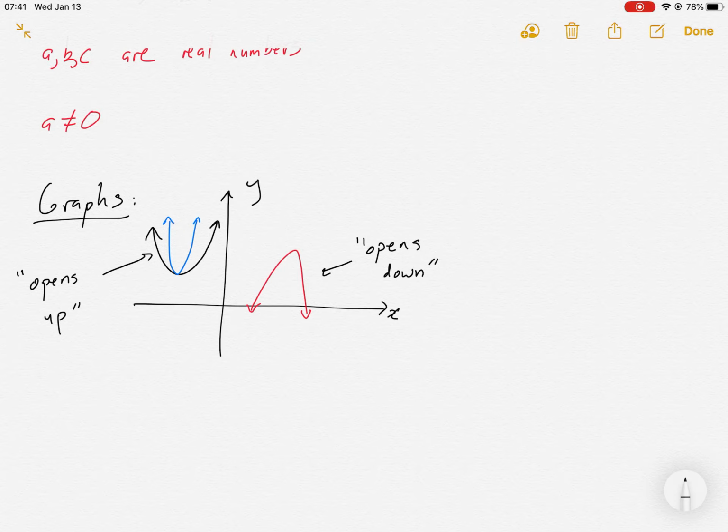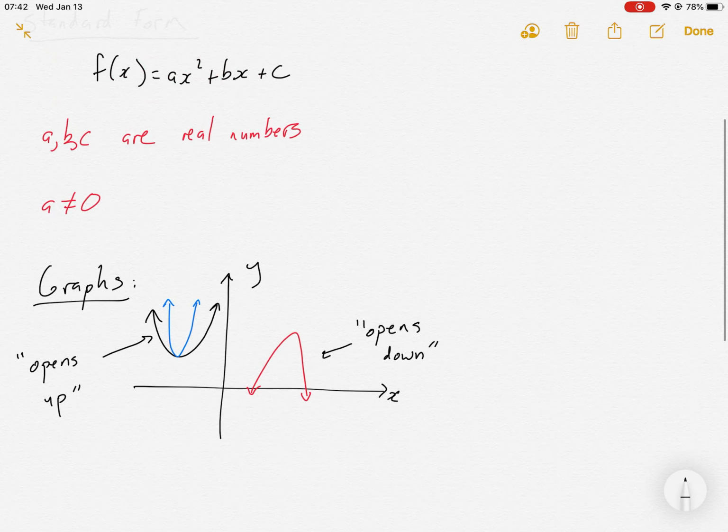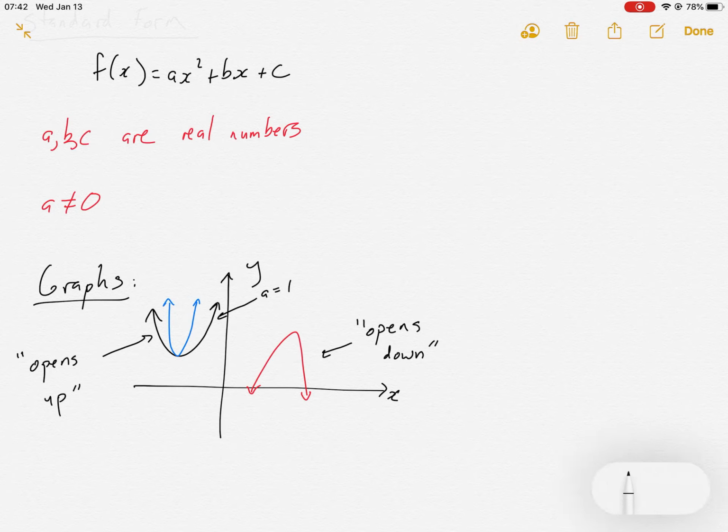Now the first thing I want to mention about the graphs is that the a value actually determines how wide it is or if it opens up or down. So for example, let's say this was an a value of 1. This blue graph would have to have a larger a value, something like 2 maybe. Because it's narrower, it kind of means that the slope of the line tangent to that graph is steeper.